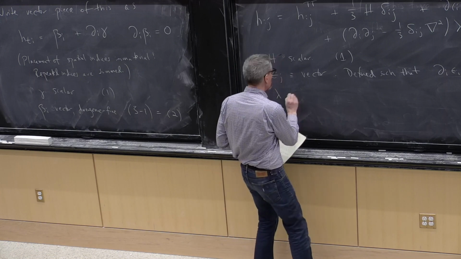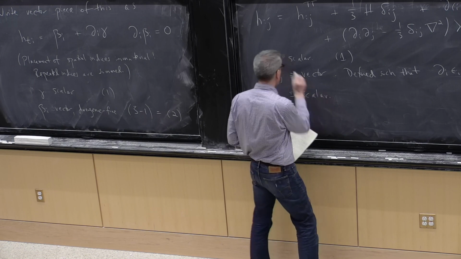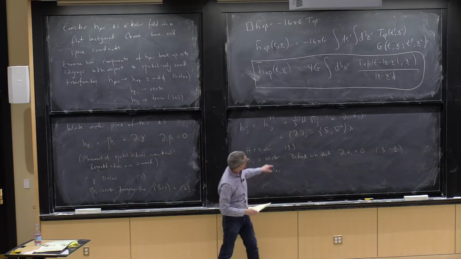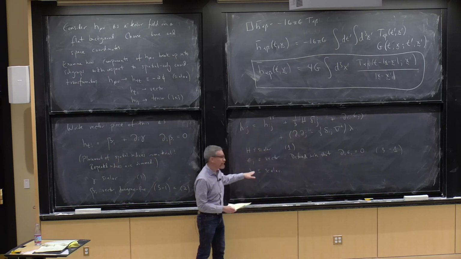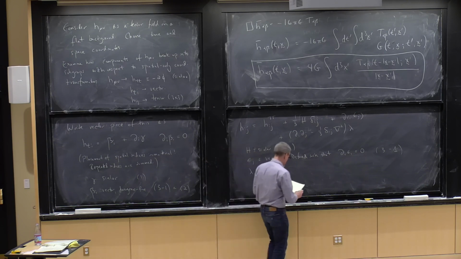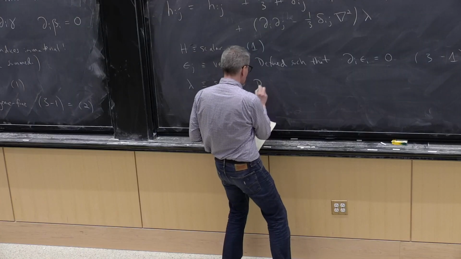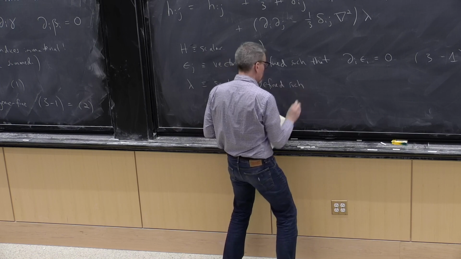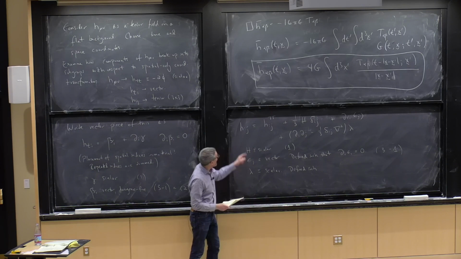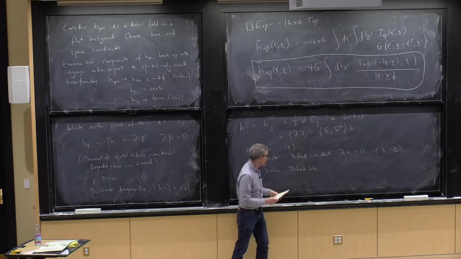Lambda is another scalar. Notice, whereas H feeds directly into Hij, it's derivatives of lambda that feed into this. So this has 1 degree of freedom. But this is defined in such a way that if I take the trace of hij, this operator gives me 0.